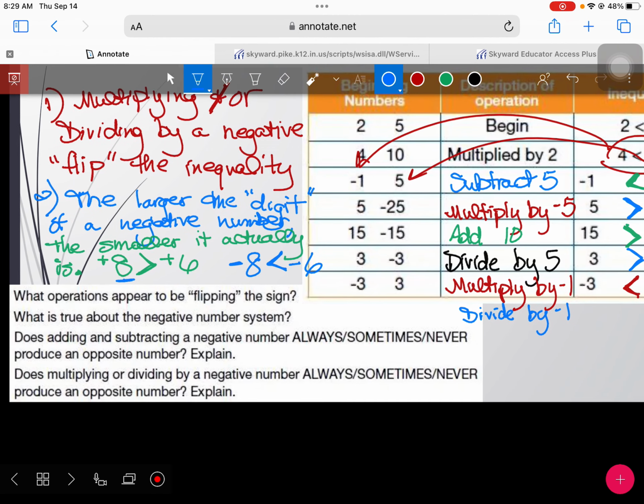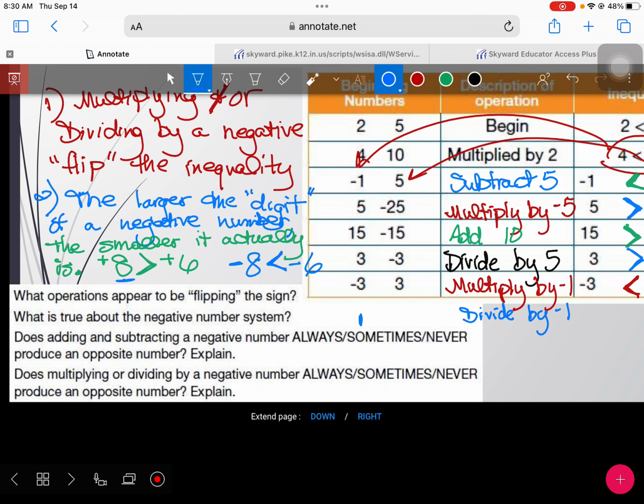That's all. Okay, so the next one is kind of interesting. Does adding and subtracting a negative number always, sometimes, or never give you an opposite number? Sometimes. Okay, so I got a vote for sometimes.